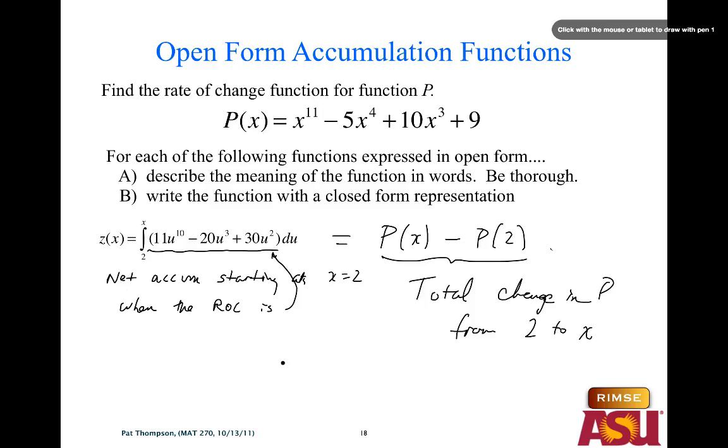So then we could actually write the closed form. What is the closed form for this integral? Somebody knew. So I want to write out a closed form expression for that z of x function. What would it be? Anybody? Yes, sir. x to the 11th. Right?